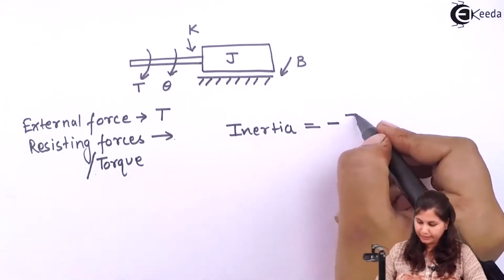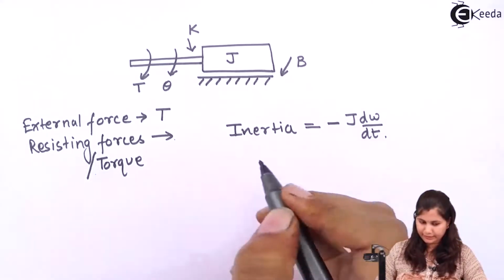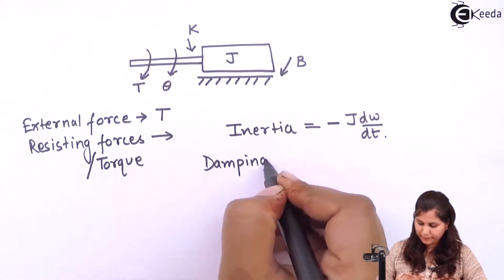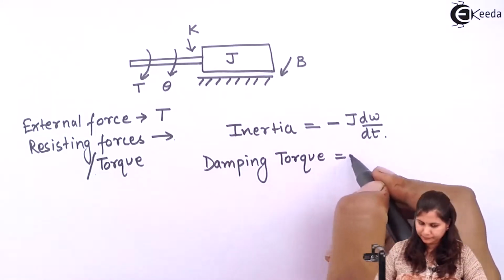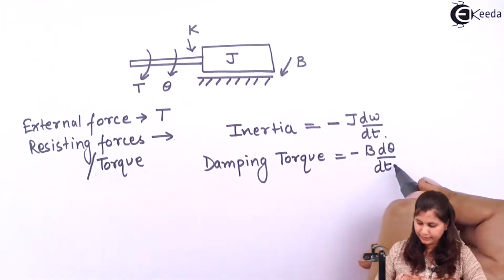So it will be minus J d omega by dt. Damping torque will be minus B d theta by dt.